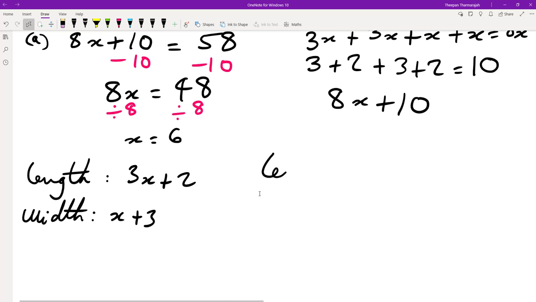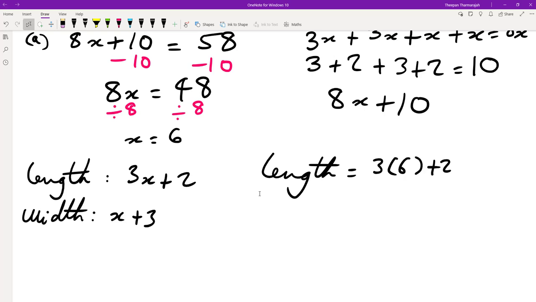So now we can do this by substitution. So I can say the length is equal to 3 times 6 plus 2. 3 times 6 is 18 plus the 2. That's going to give me 20 centimeters. Then I'm going to do the same thing for the width.